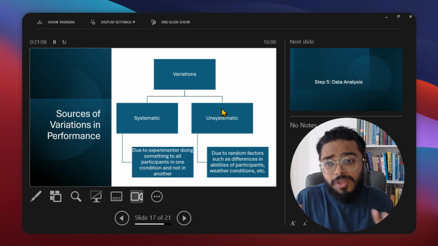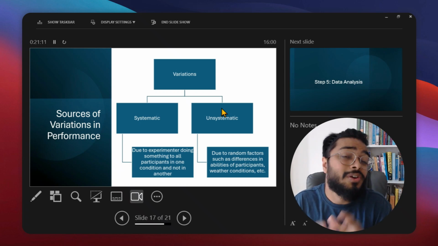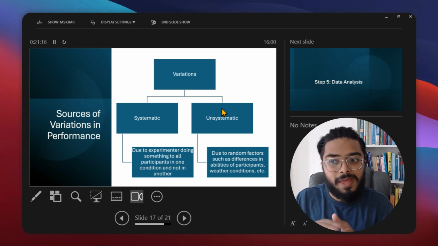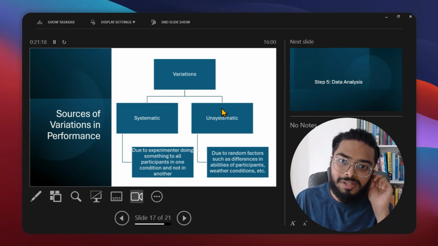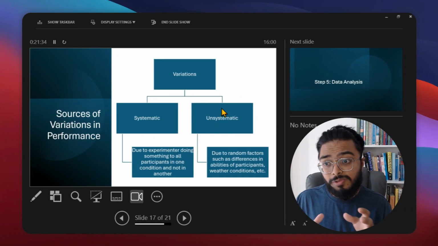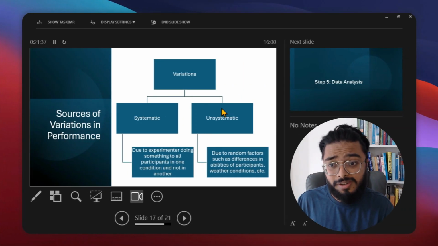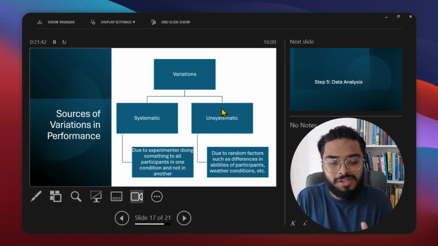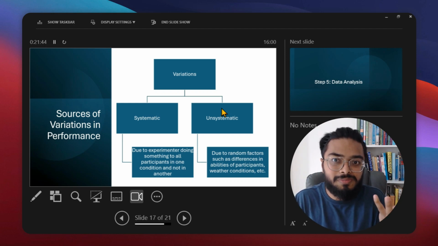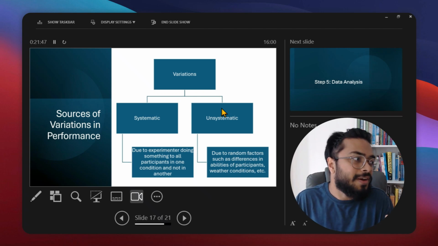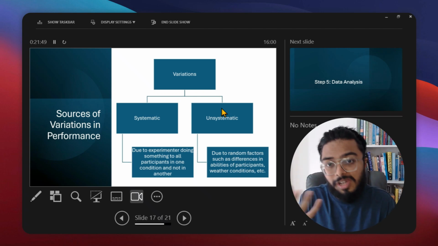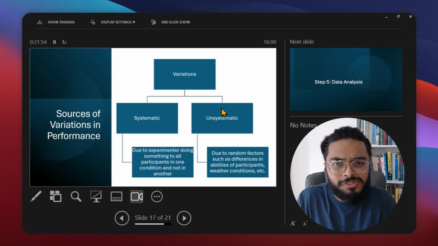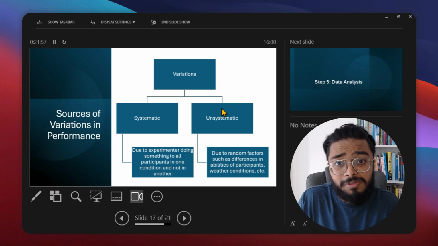In which case there are ways in which we need to eliminate or at least reduce these unsystematic variations and make sure that we are getting systematic variations. So when it comes to the independent design, the way we can reduce unsystematic variations, like I said, that maybe one group has more emotionally intelligent participants and the other group has less emotionally intelligent participants, and maybe the trauma is the same, or maybe even different, like in the previous example.